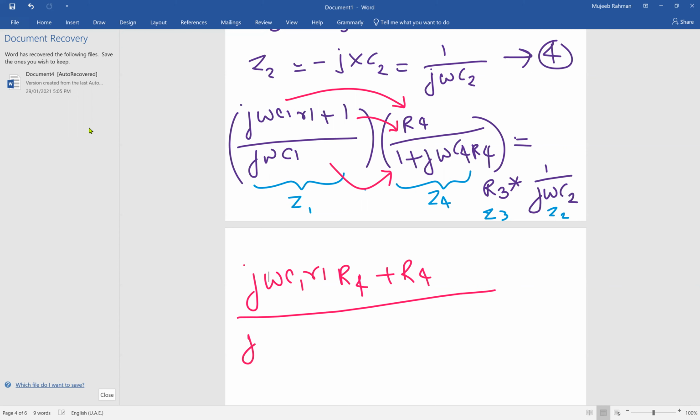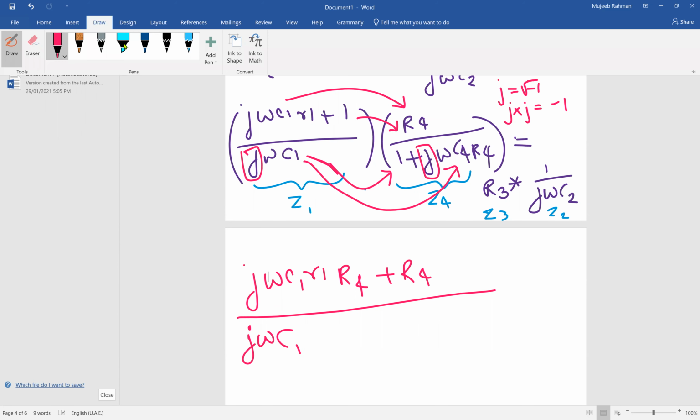So we'll get j omega C1. Then we multiply this with this. Here be careful, we have a j term here, we have a j term here. As we have mentioned already, the value of j is equal to root of minus 1. So if you multiply j times j, it is going to be minus 1. It is an important relation that you should remember.